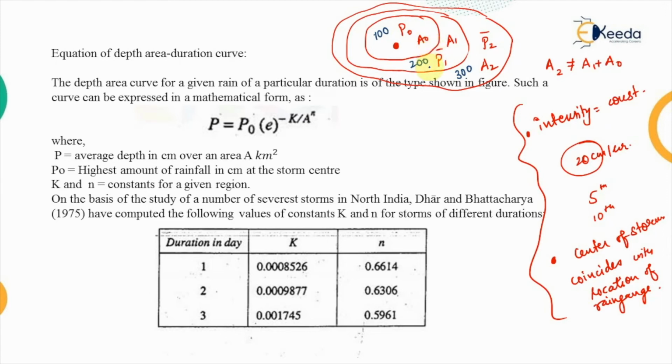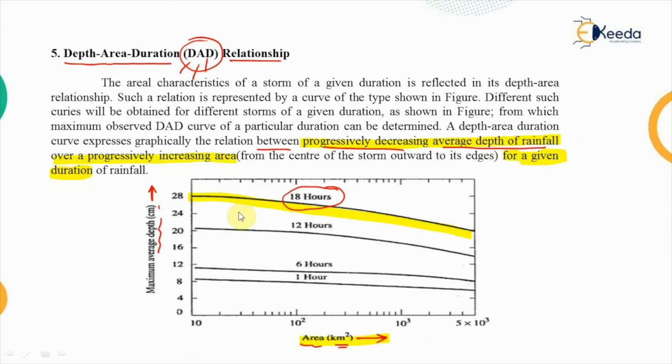Now, the curve which is representing the depth area duration is represented in this way. What is important in this case is that this curve is being plotted on a semi-log scale. That is the common confusion when you directly refer to the textbooks, because nothing is mentioned there as such.